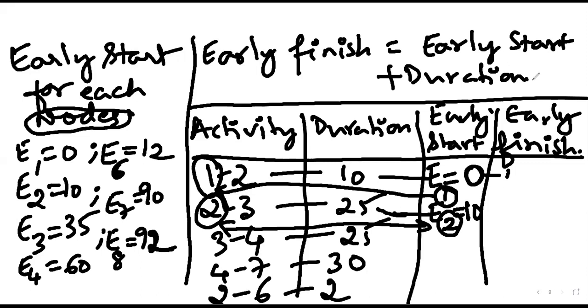So in this case, what will be the early finish for the first activity? The early finish will be equal to the early start of the activity, that is 0, plus 10, which is equal to 10. Is it right? So the early start of the activity is 0, duration is 10, so that is the reason this will be equal to 10.